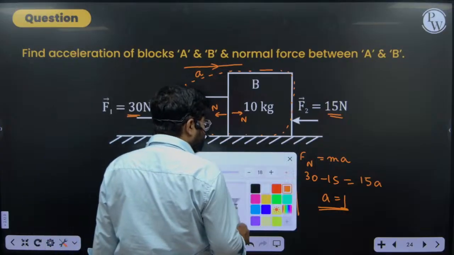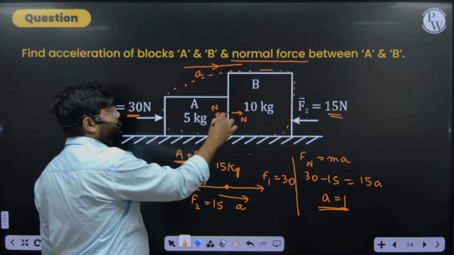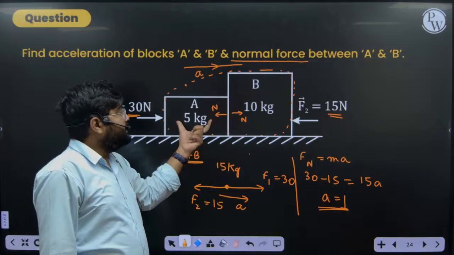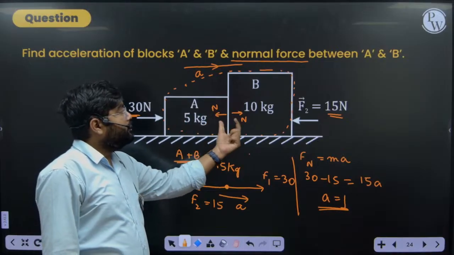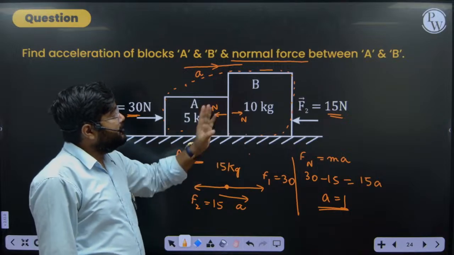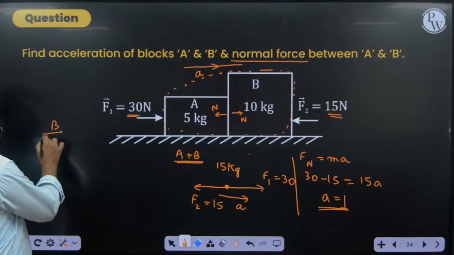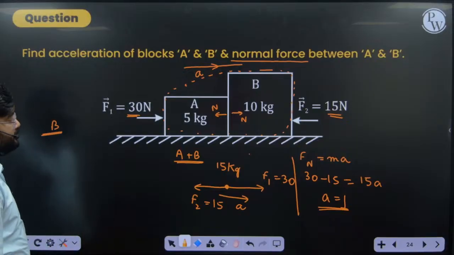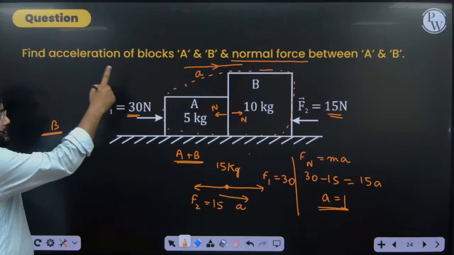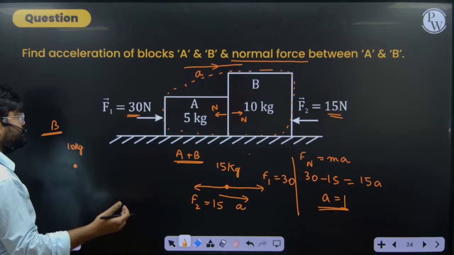But another thing they have asked us is the normal force between the blocks. To find this force, we have to take either the FBD of A or the FBD of B. Any one will give us the right answer. Let us make the FBD of B. It has mass 10 kg. The vertical forces are not of any significance here, so we are not drawing that.